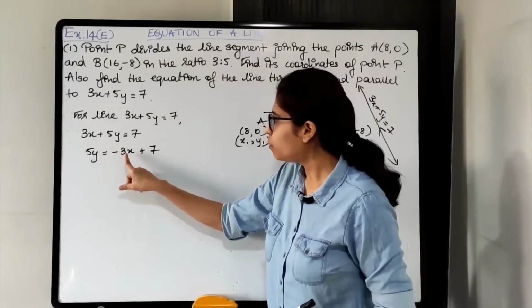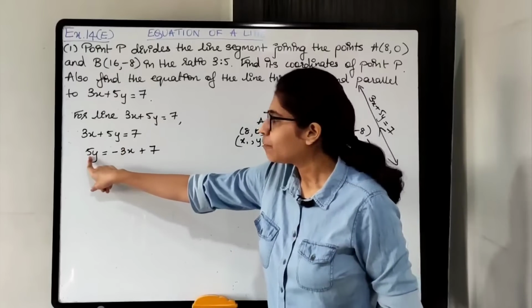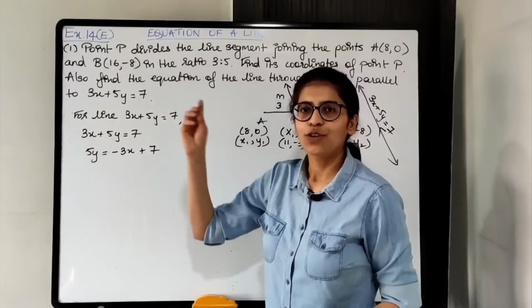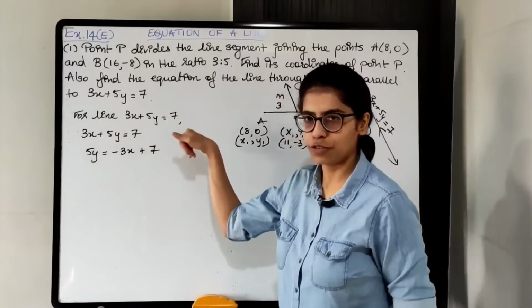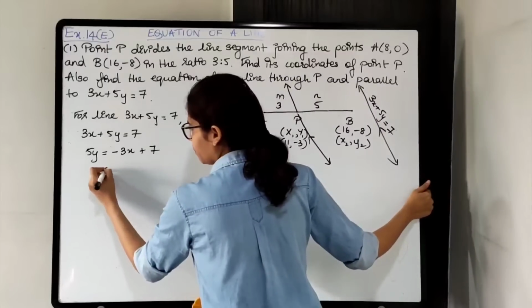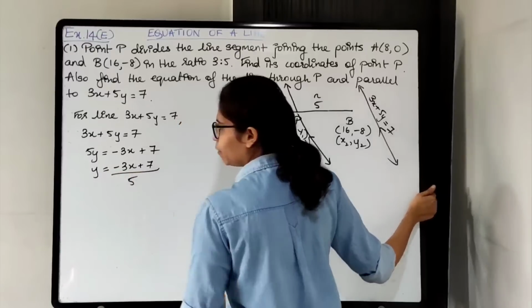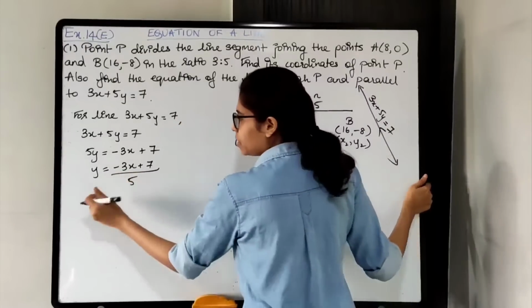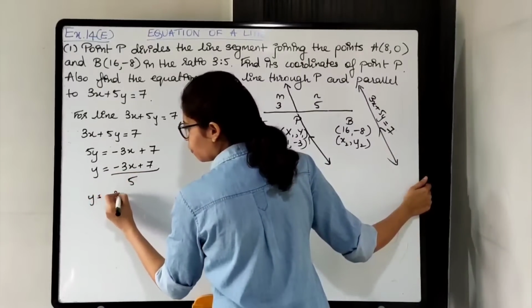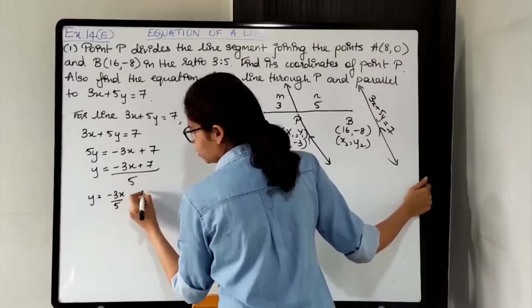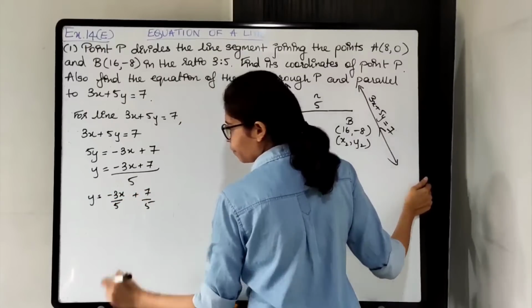So 5y is equal to minus 3x हो जाएगा. y के साथ 5 है, so the coefficient should be 1. So 5 को shift करते हैं on the other side. So minus 3x plus 7, the whole will be divided by 5. Separate this. It is a denominator of 3x also. It is denominator of 7 also.